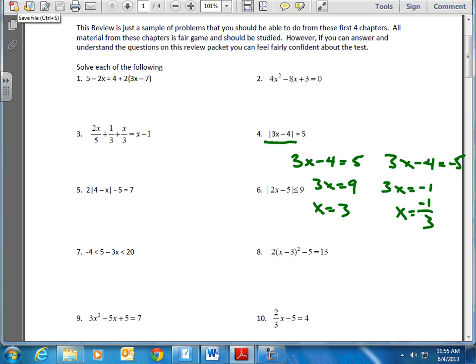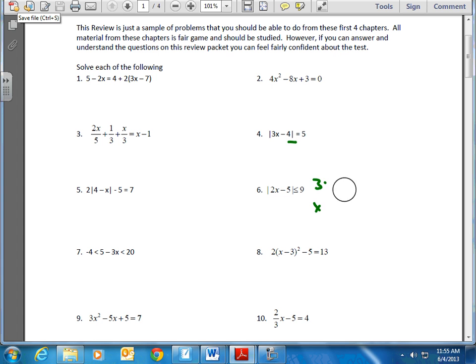Okay, question 5. We have one step we have to do before we can do what we just did. In order to get rid of the absolute value, in order to split those into two pieces, you have to have the absolute value isolated, meaning it has to be just absolute value equals something.